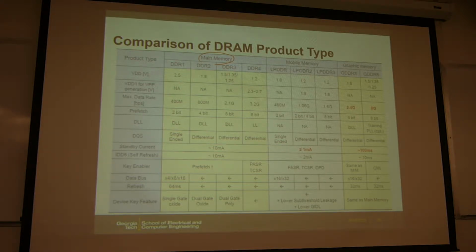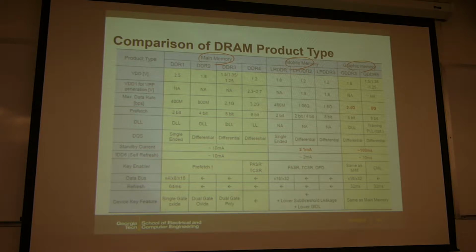The second one is the mobile DRAM. This is for your phone. If you look at your phone spec, it will be LPDDR3 or LPDDR4 these days. LP means low power. And then the last category is graphics DRAM.